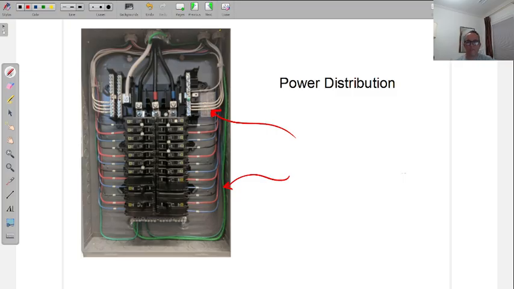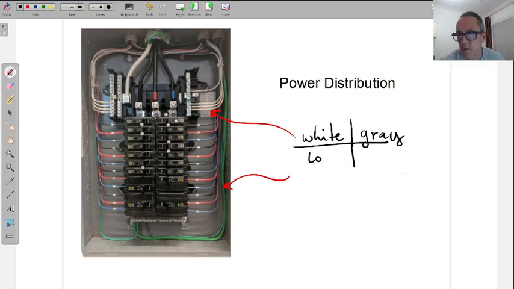I am going to point to the thing that I am going to talk about in relationship to power distribution. So, like I said, white or gray is for the neutrals. White is for the low voltage systems. And gray is for the higher voltage systems like 480 and 277.